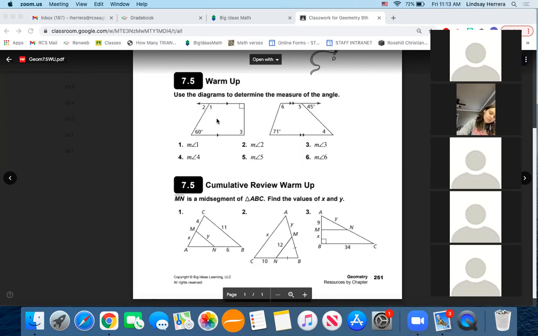So where do you want to start? Let's start with angle 2. If we have these two parallel lines, then we can say that angle 2 is congruent to 60, right? Alternate interior angles theorem. Yes? So then what does that make angle 1 if they are a linear pair?